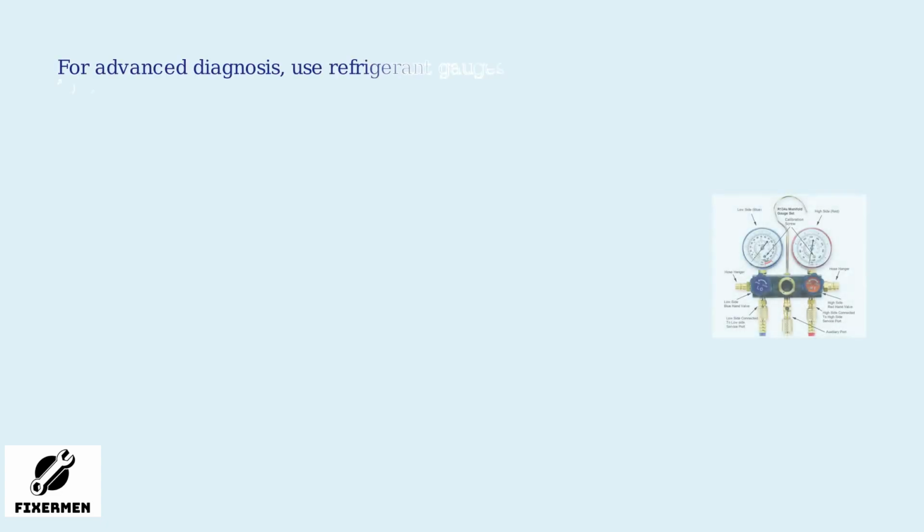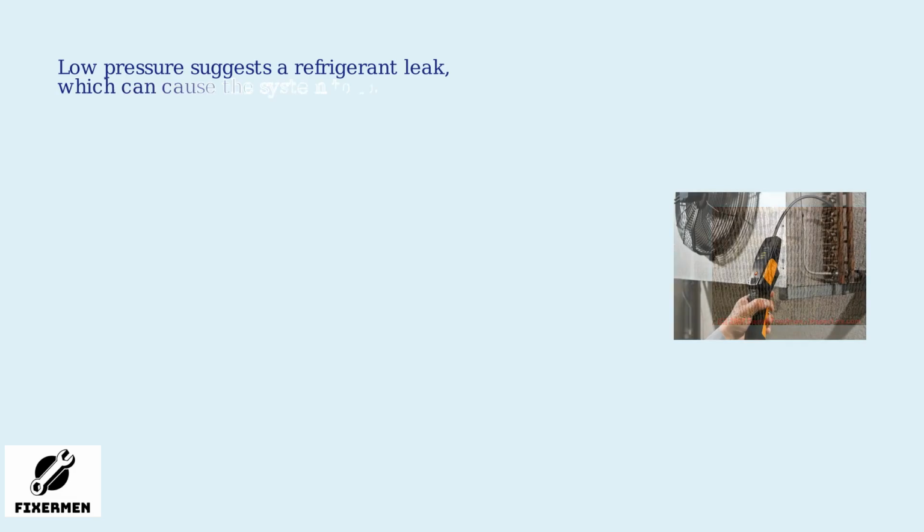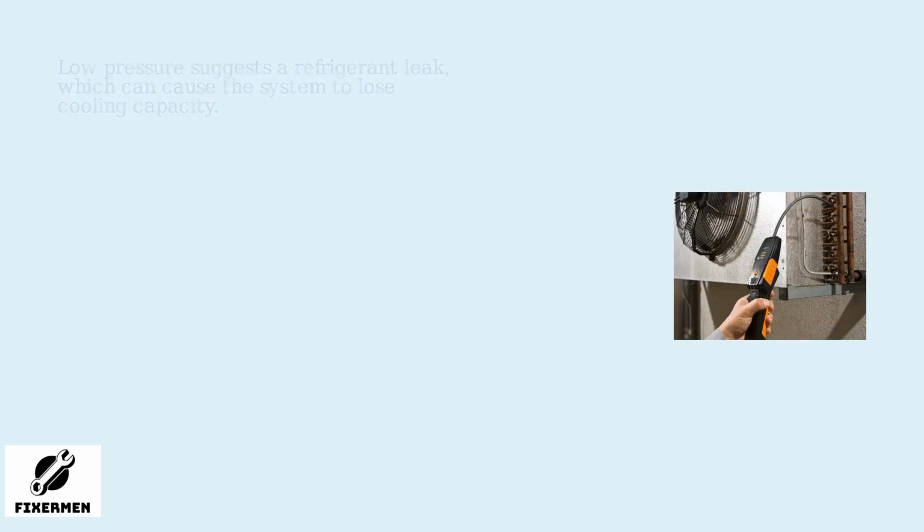For a more in-depth diagnosis, use refrigerant gauges to inspect the system's pressure. These tools, like manifold gauge sets, connect to the unit to measure high and low side pressures. High pressure may indicate overcharged refrigerant or a blocked condenser coil, which restricts airflow and increases pressure. While low pressure suggests a leak, use leak detectors to find where refrigerant might be escaping, as this reduces system efficiency.